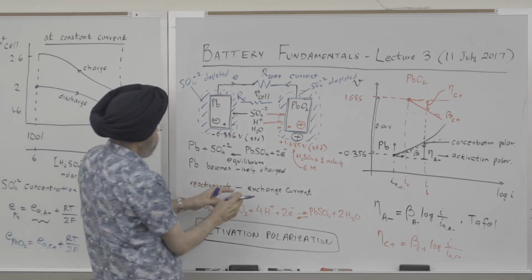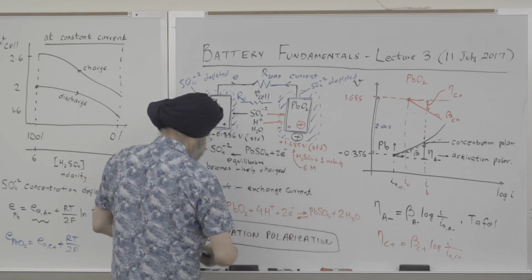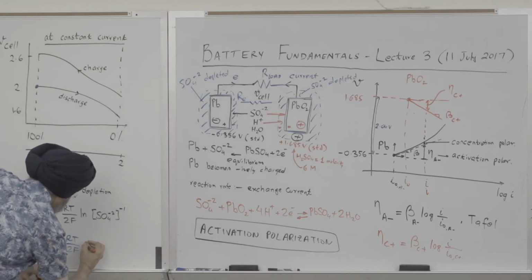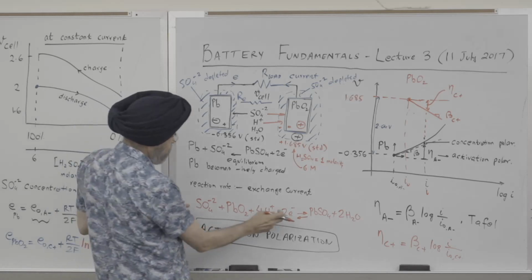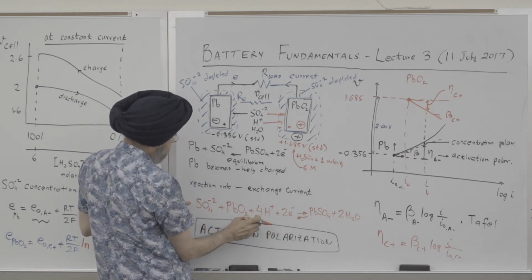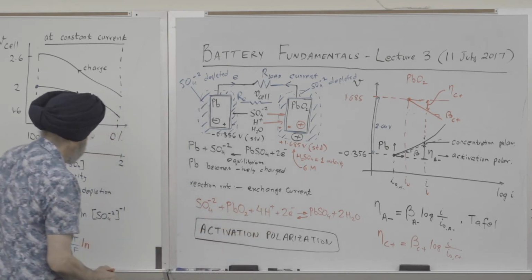Now I'll use this reaction, the one in red. Actually, I should write this in red. So this is log of, written in the reduction form because of the consumption of electrons. So these are the reactants, and they go on the top.